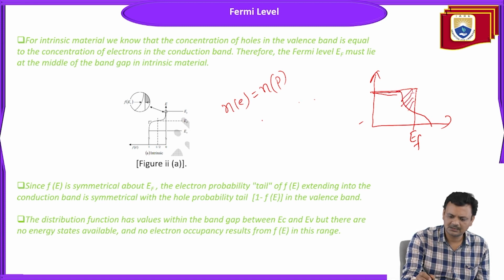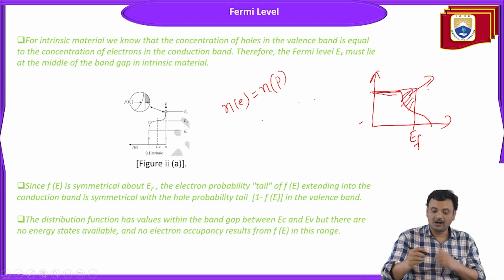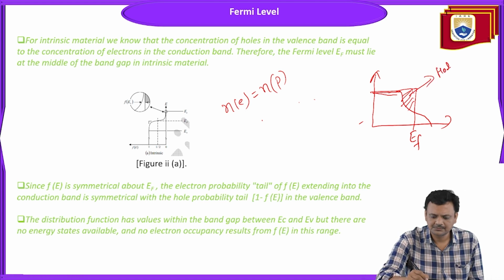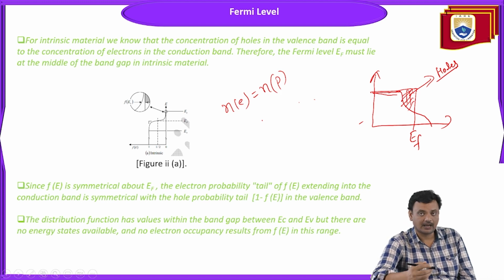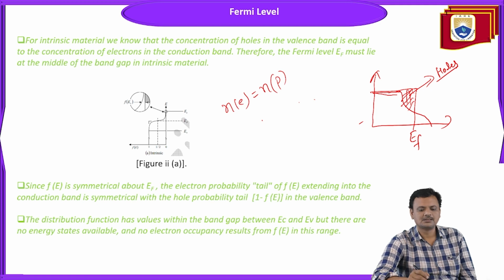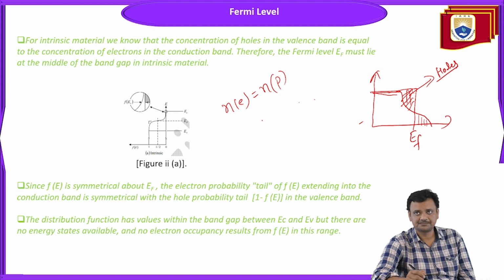This area will give the probability for occurrence of holes. Why? Because these levels remain unoccupied. At T equal to 0 Kelvin these levels are populated, and at some higher temperature some electrons migrate from these levels and shift into the conduction band region, so the holes are created.